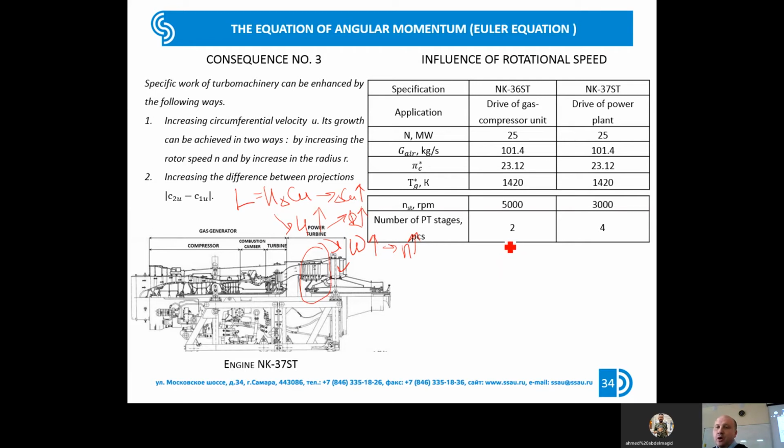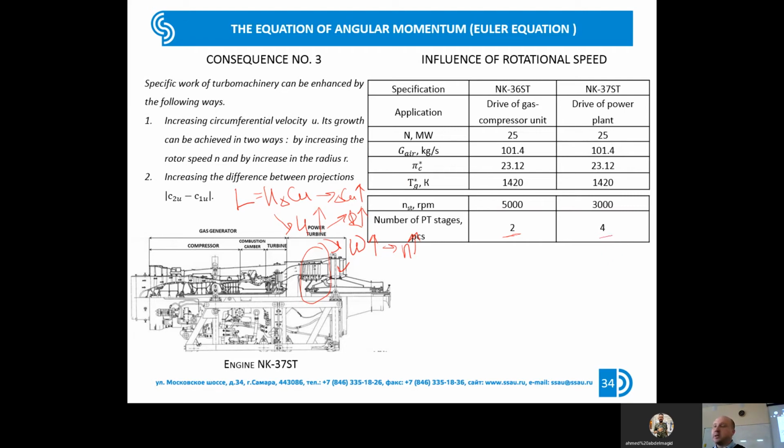And finally, you receive the same power in the case of the NK36ST with the higher rotational velocity using 2 stages. Here you receive the same power using 4 stages.